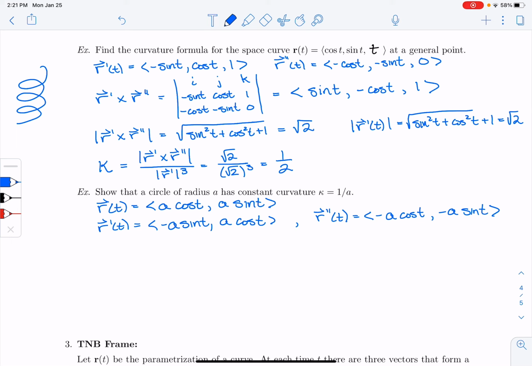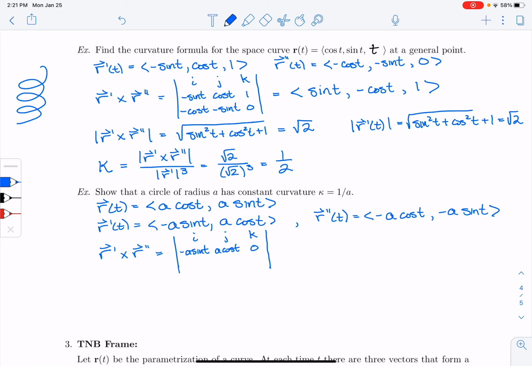So again, we're going to want to find r prime cross r double prime. So we need to do the cross product i, j, k of negative a sine t, a cosine t, and we're going to put that in 3 dimensions, so we're going to give a 0 there.